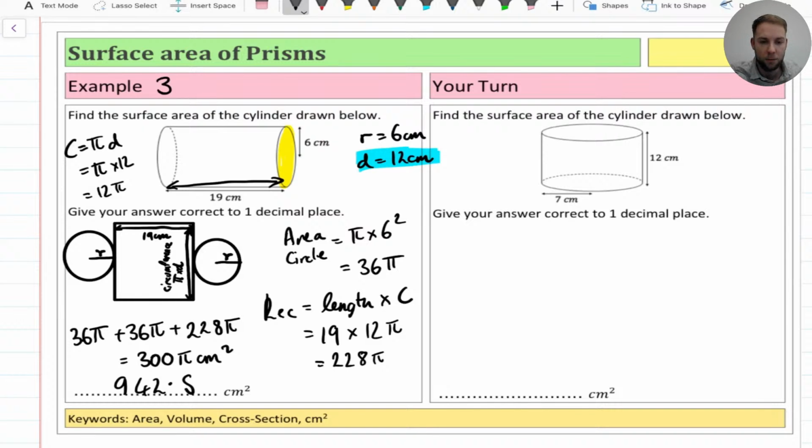When you've got the answer, pop the answer in the chat. You might want to, in your notes, when you're drawing this out, draw out that net.